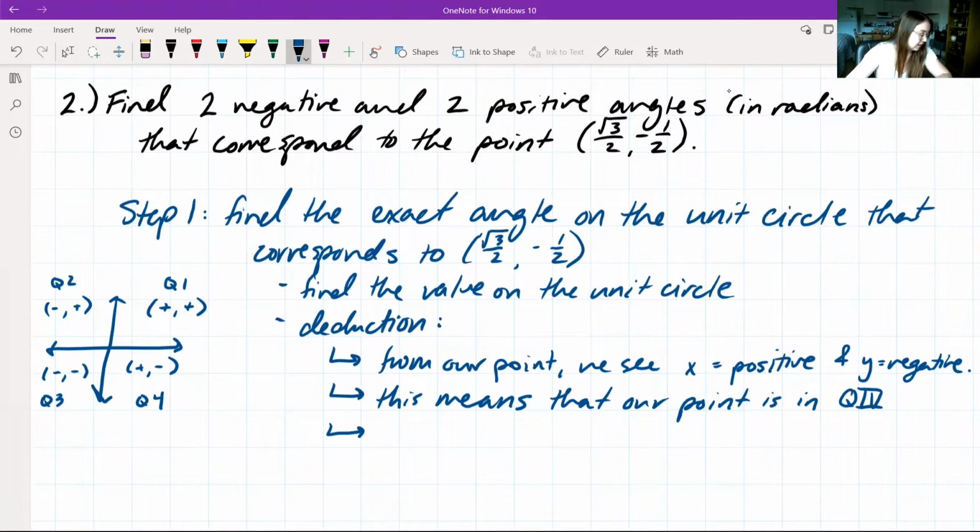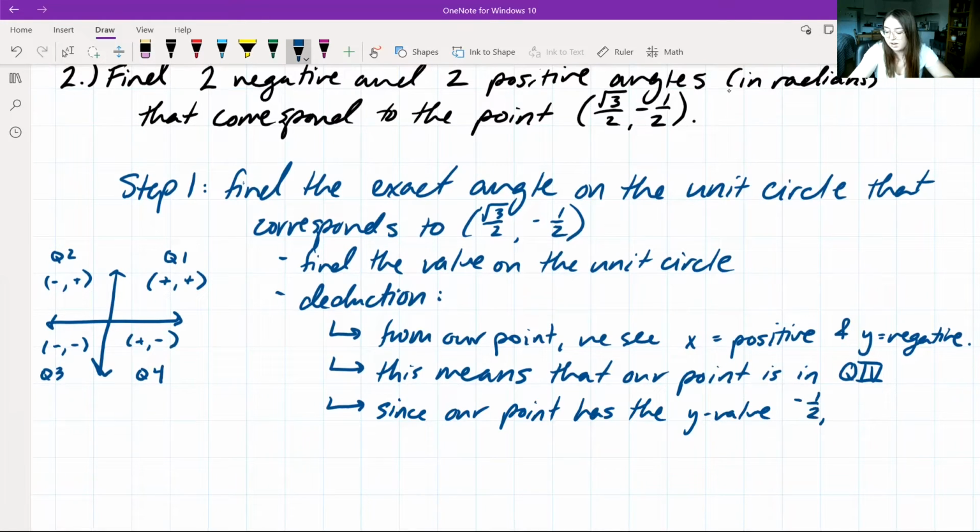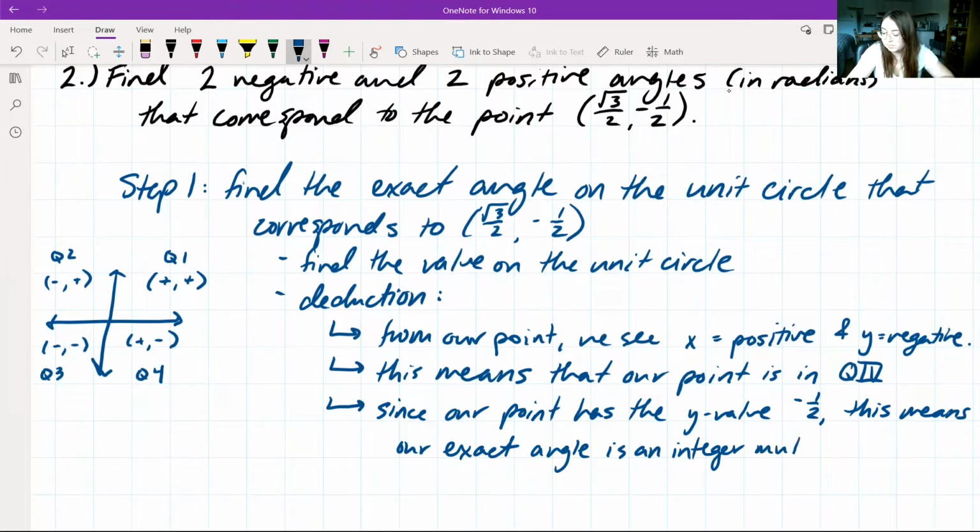So let's write that down. Our point is in quadrant 4. Since our point has the y value negative 1/2, this means our exact angle is an integer multiple of pi over 6.